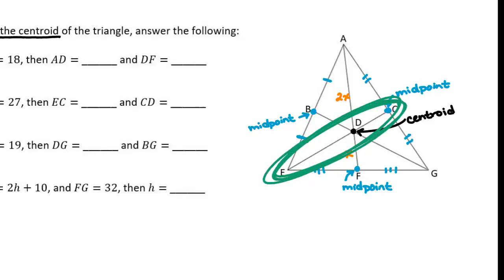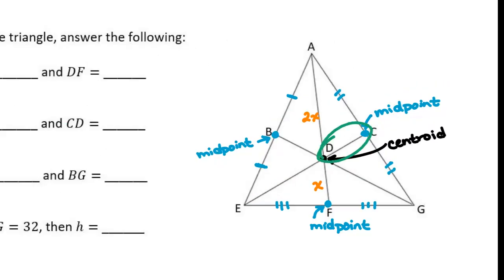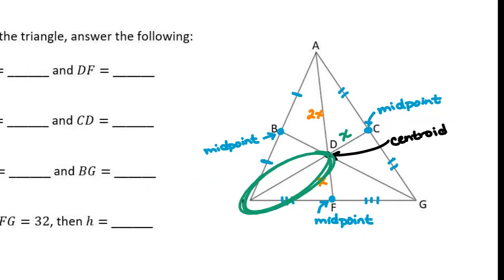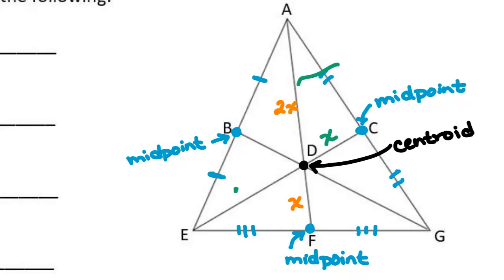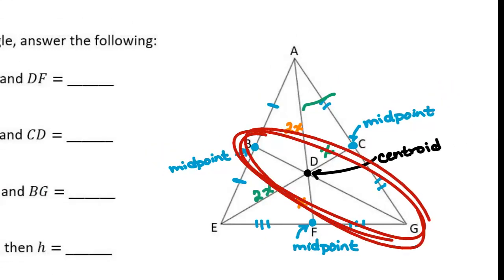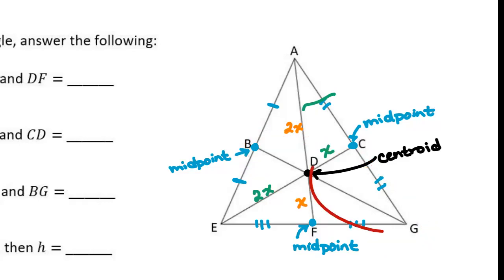So this median right here, from D to C, would that be X, 2X, or 3X? X. And so from E to D would be how much? 2X. Yes, it's twice as big as the segment from D to C. What about on this median right here, BG? From D to G, would that be X, 2X, or 3X? 2X.